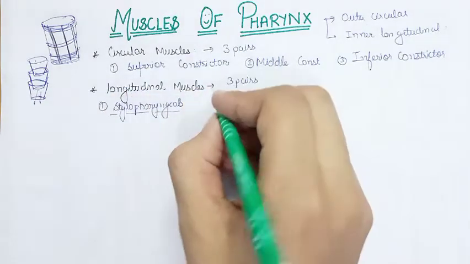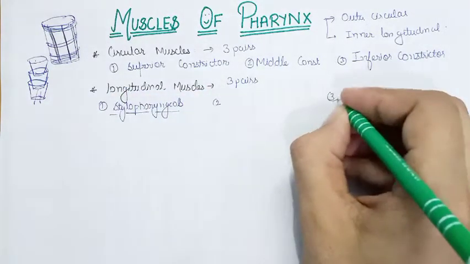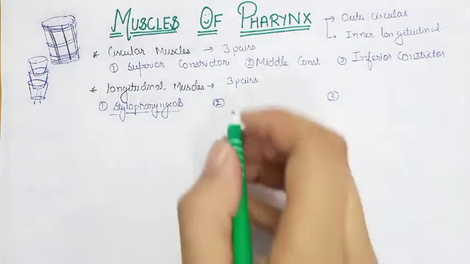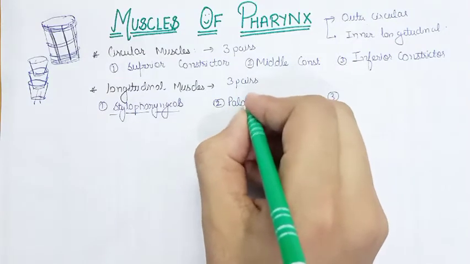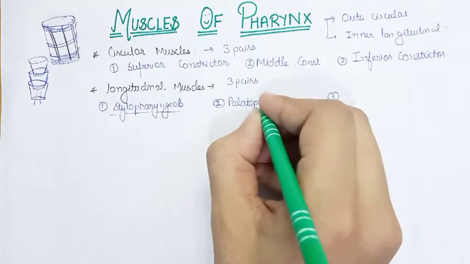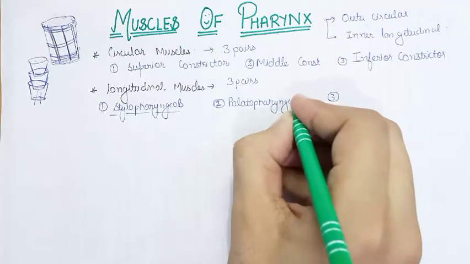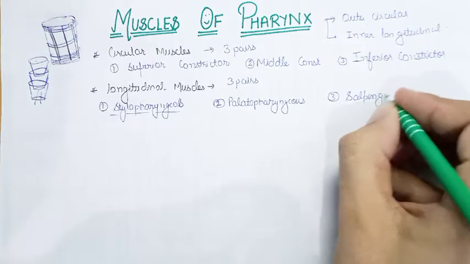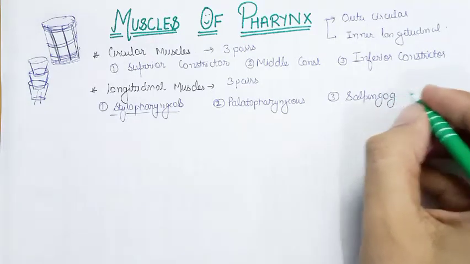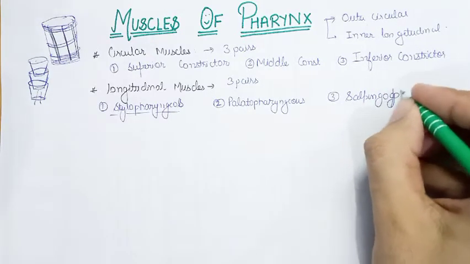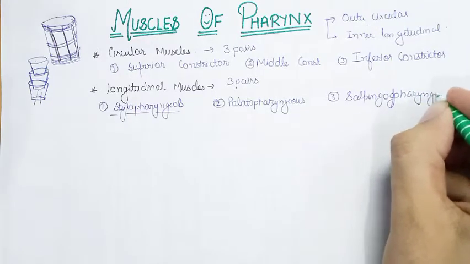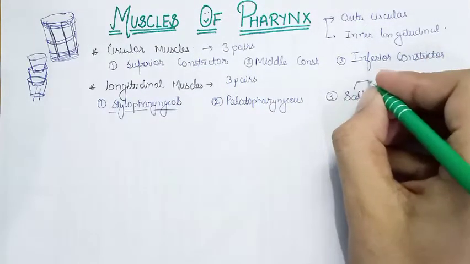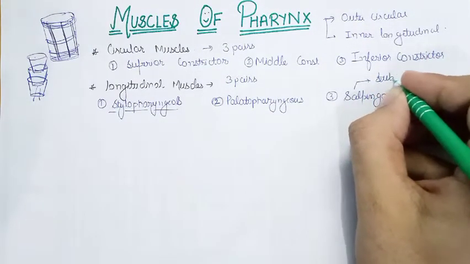We have two more longitudinal muscles, the palatopharyngeus and the salpingopharyngeus. When you hear the term salpingo in anatomy, you should always remember that the word salpingo means tube.